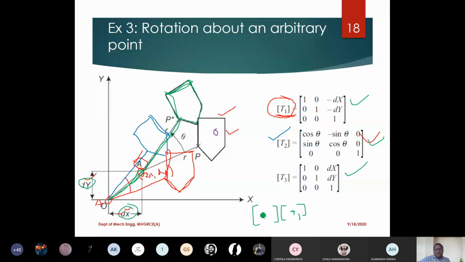So the same order T2, T3, everything. Following the concatenation procedure, T1 first, T2, T3, like that from the left side. This multiplication of all these matrices, we call it a combined transformation matrix to perform this operation. What is that operation?